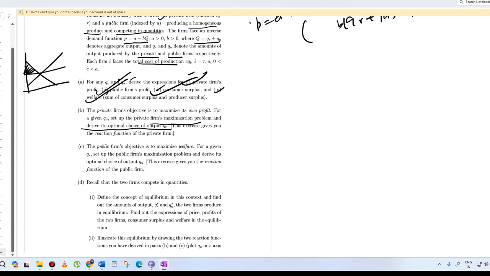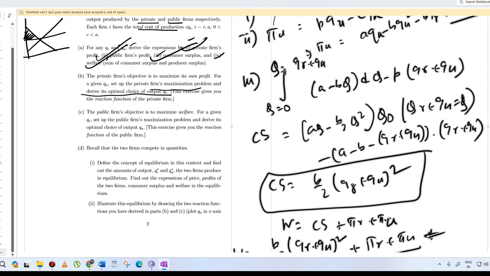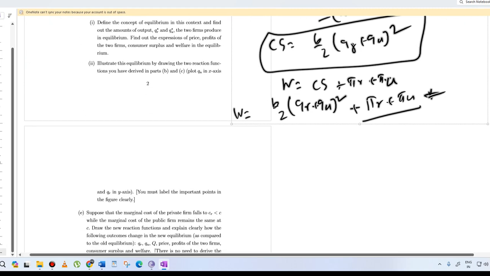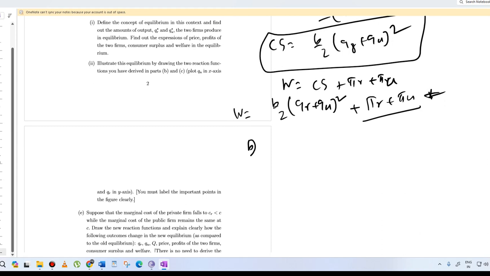So here, I think we will be needing this part. pi r is A QR minus B QR square minus B QR QU minus C QR. So the private firm's objective is to maximize its own profit. So let's just maximize this.